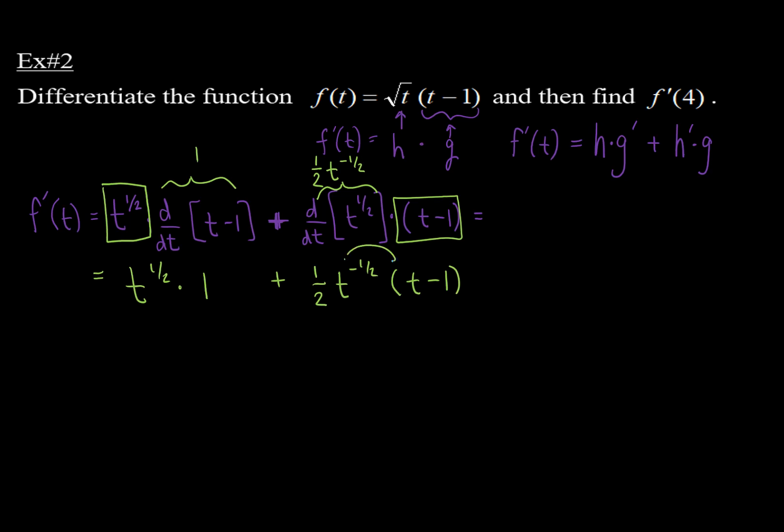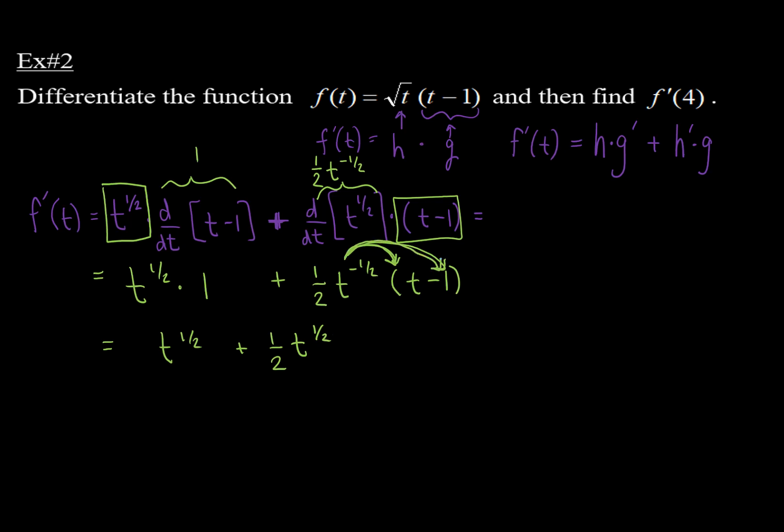In order to simplify, I need to distribute this out. So here I've got my t to the 1/2. That's just going to hang out. It's not doing anything special. And then when I multiply t to the negative 1/2 by t to the 1, I'm just going to add their powers. So this gives me 1/2 t to the 1/2.